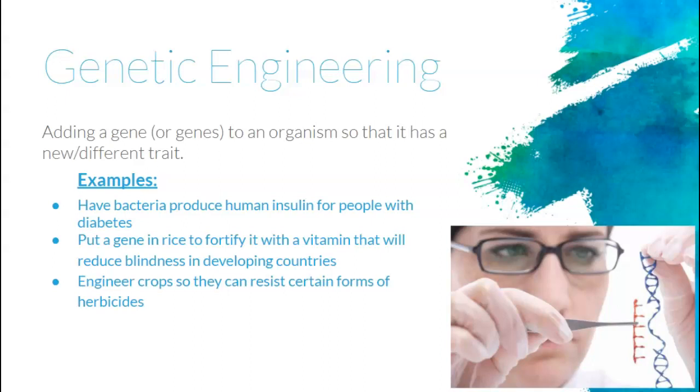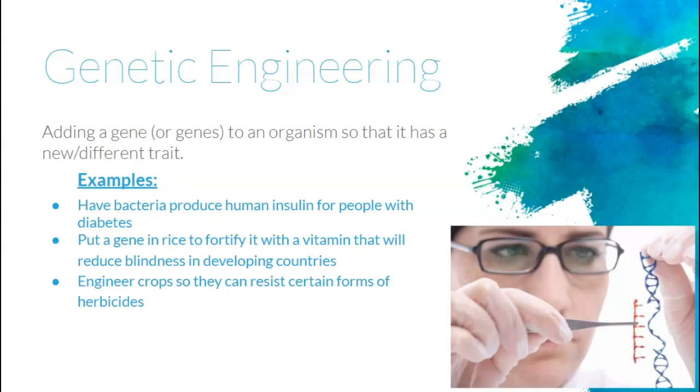This would be like, have you ever heard of diabetes? Diabetes comes about because some people can't produce insulin properly. So guess what? We figured out a way to have bacteria produce insulin, and then we harvest it and give that insulin to people with diabetes. Cool. So we gave the bacteria the insulin gene, and now it can make insulin for us.